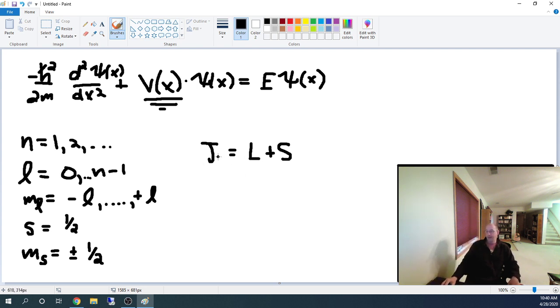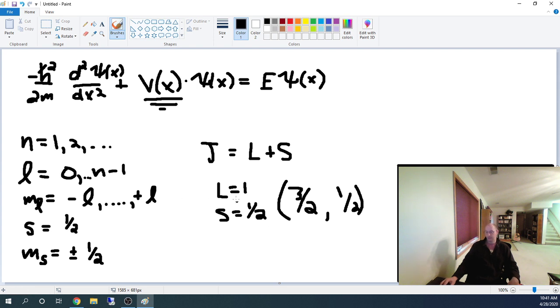So when you add angular momenta, it depends on what their orientations are. For instance, if I have L equal to 1 and S equal to a half, the possible values J could have go all the way from L plus S down to L minus S. So J could be 3 halves, or it could be equal to 1 half.